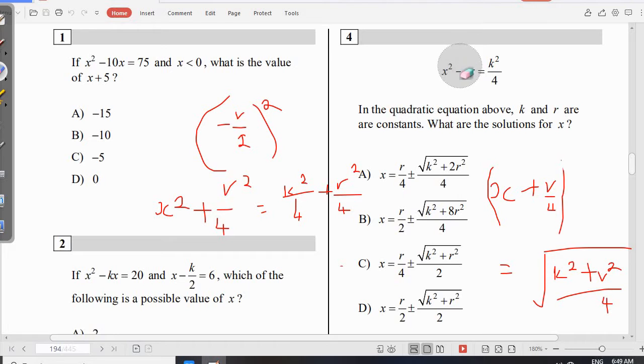Right, there was a minus here, so it's minus at this point. Now, whatever comes out here is minus r squared over 4. This becomes r squared over 4, because minus r times square is r squared over 4.